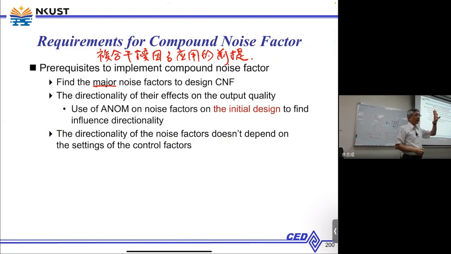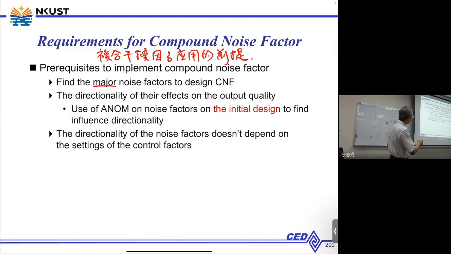Since L4 is not big enough to accommodate 4 noise factors, we need to go to L8. If you were using L9 by L8, the total number would be 72. It would be a lot, right? So there's a reason people used to be conservative. People used to consider not many noise factors. By using compound noise factors, you can consider more noise first.